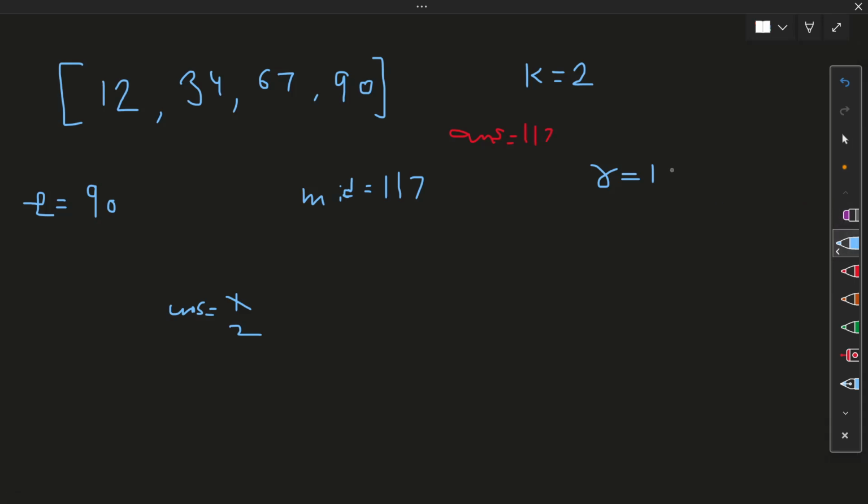So we got R as 116. Then what's the middle value? 116 plus 90 divided by 2, we got 103. Now again start. This is the first person. He is reading a book. We got 12 pages. Then 12 plus 34, we got 46.